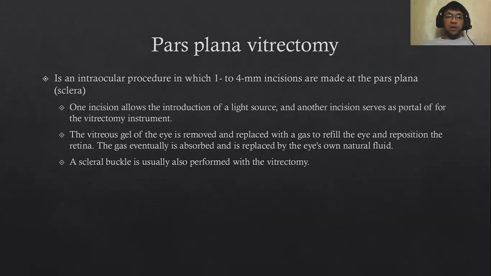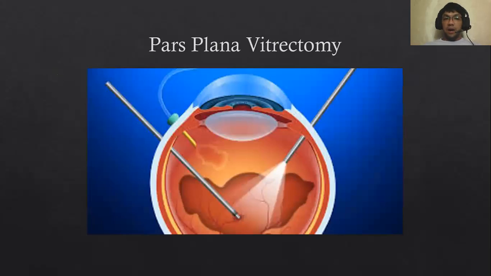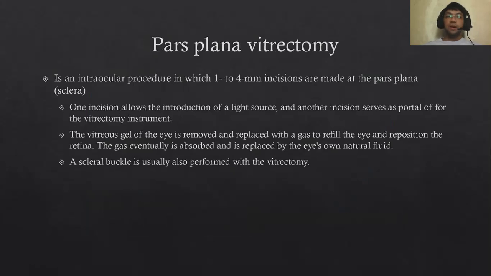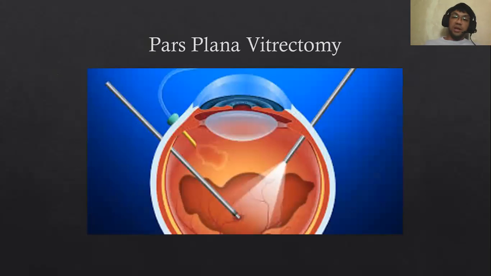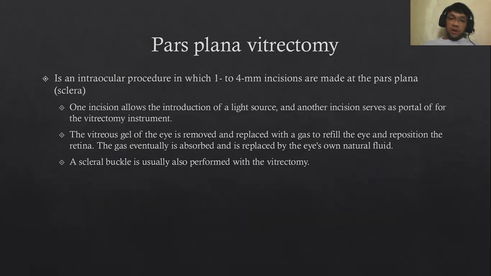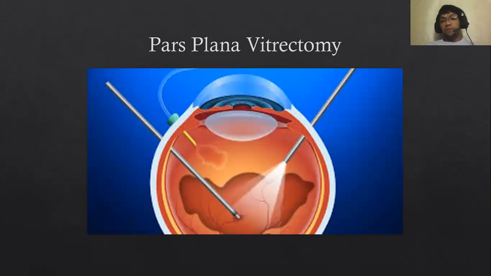Pars plana vitrectomy is an intraocular procedure in which 1 to 4 millimeter incisions are made at the pars plana or the sclera, as you can see here. One incision allows the introduction of a light source, based on this illustration, and another incision serves as a portal for the vitrectomy instrument, like what you can see here.